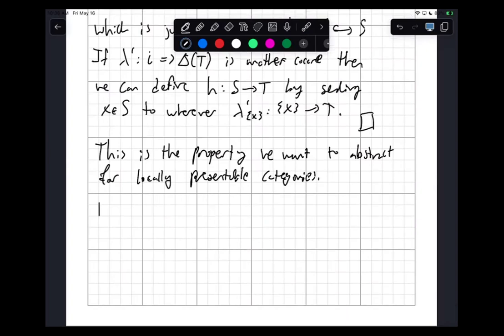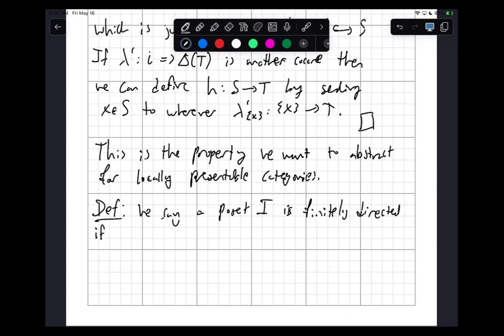So the first thing is we say a poset I is finitely directed. Well, that's right, it's filtered as in filtration. Okay, sure.